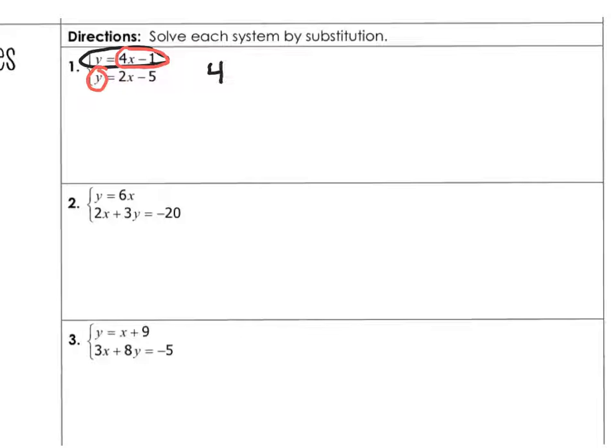So I'm going to write 4x minus 1 instead of this y, and set that equal to the original 2x minus 5.